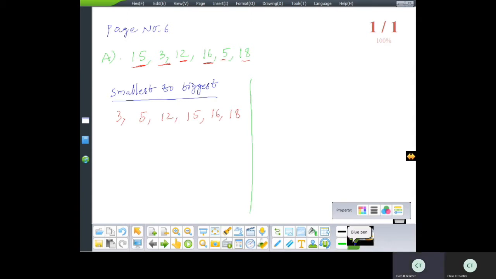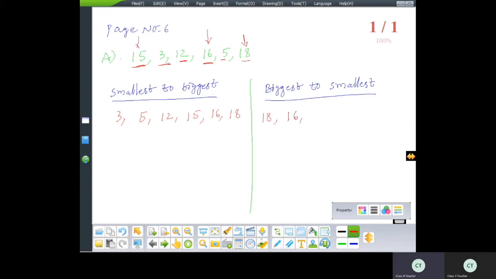Now, biggest to smallest. Okay, students. From the given numbers, the first biggest number is 18. Next, 16.